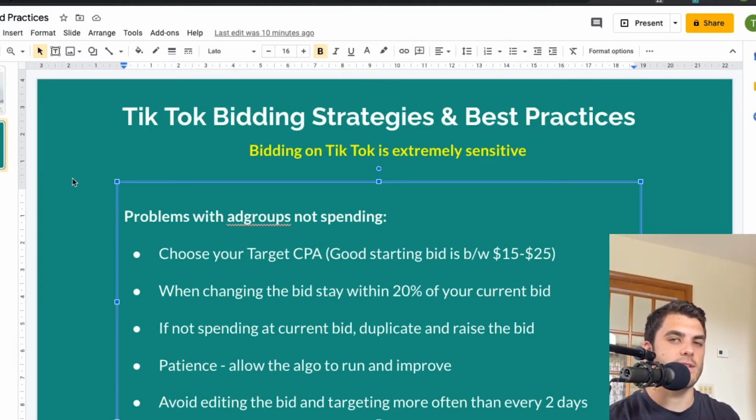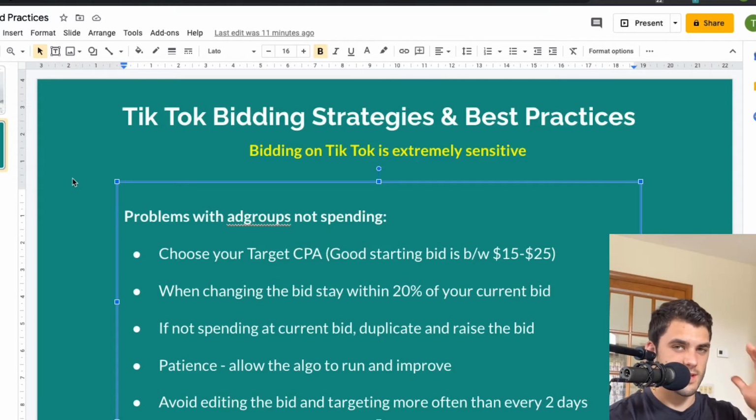Meaning that new bid is now $24, we're going to duplicate that ad group and up it by more than 20%. So you take it from $24 to $34, right? This all depends on you. I usually raise it at least $10 to $15 if it's really not spending after the initial change.